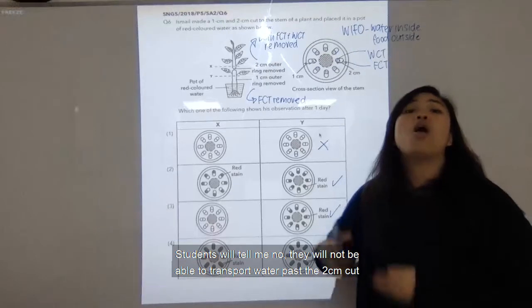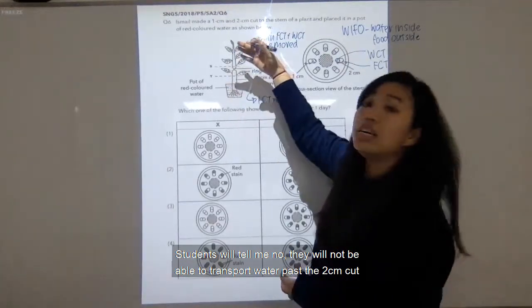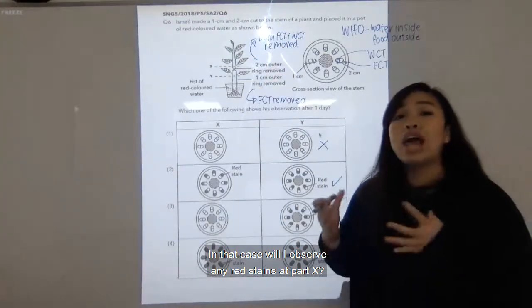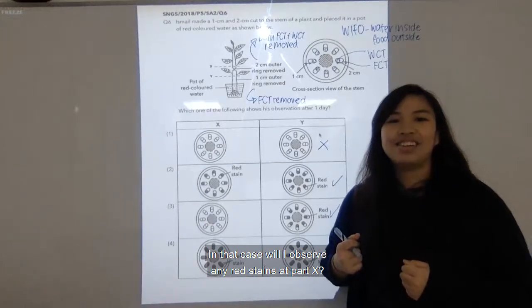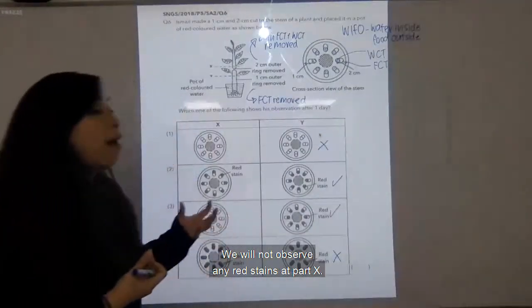Students will tell me, no, they will not be able to transport water past the 2 cm cut to reach X. In that case, will I observe any red stains at part X? We will not observe any red stains at part X.